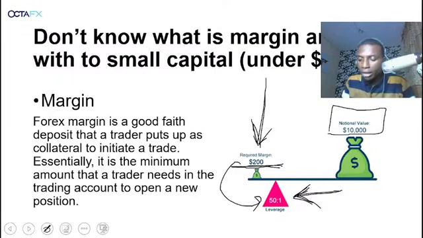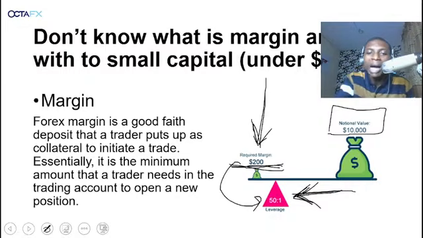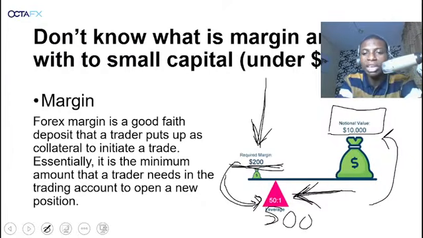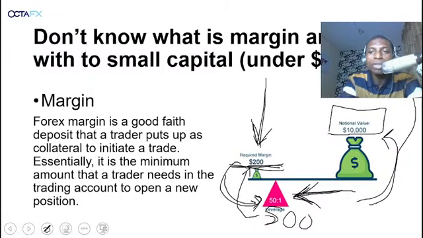If Kazim deposits $200 in his account and uses a leverage of 50 to 1, his account will have the ability to cover a position worth $10,000, right? Now if Kazim increases his leverage to 500, which means his account is 500 times his initial capital, Kazim would now have the opportunity to cover a position size of $100,000.